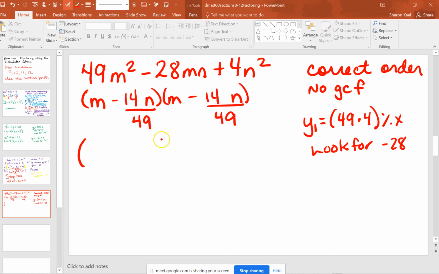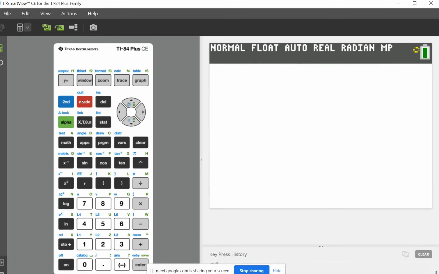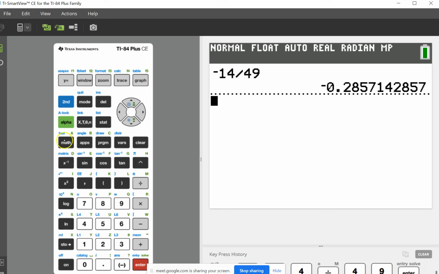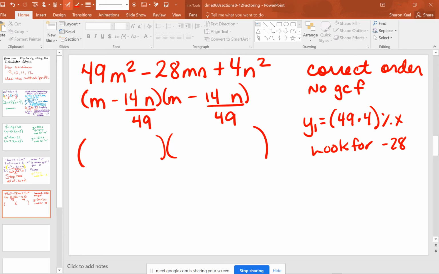We still need to reduce. So I would use my calculator. Let's come back here, go to the calculator part, type in negative 14 divided by 49. You get a decimal, but all you have to do is press math and enter twice, and it will reduce it to a negative 2/7. So it'll do all of that math for you.